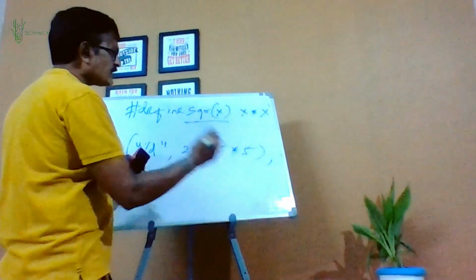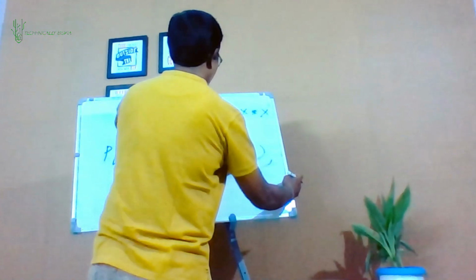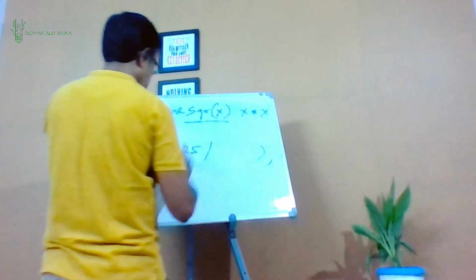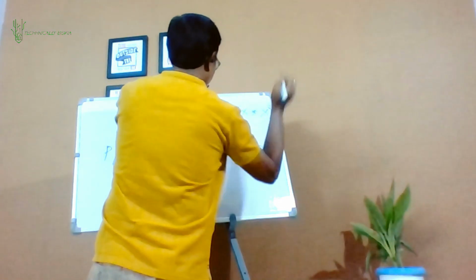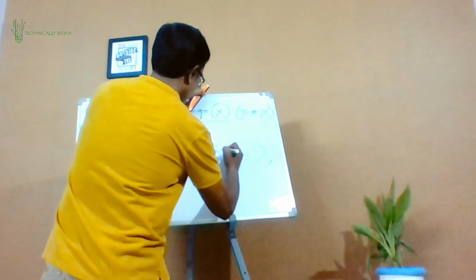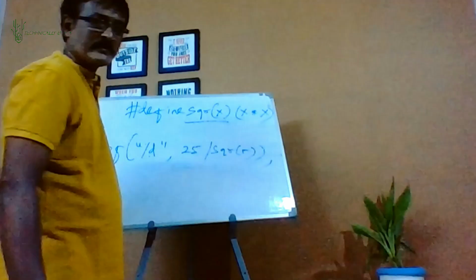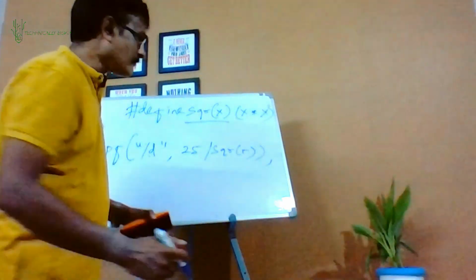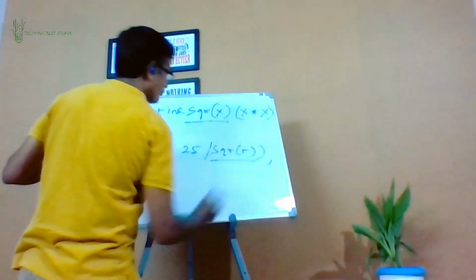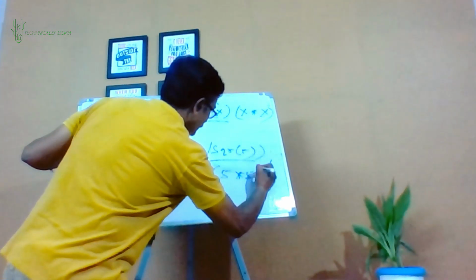And in some cases, it might be like this also. 25 divided by, now this is in brackets obviously, and I write square of 5. What happens here? The square of 5 will be replaced with, in bracket, 5 into 5.